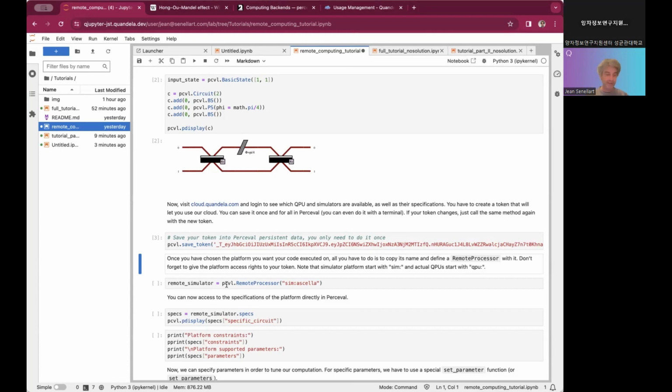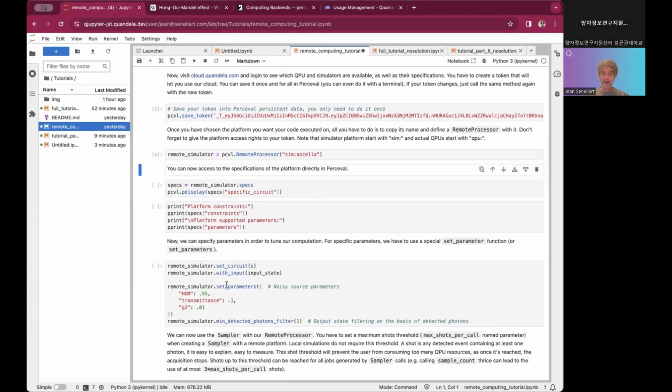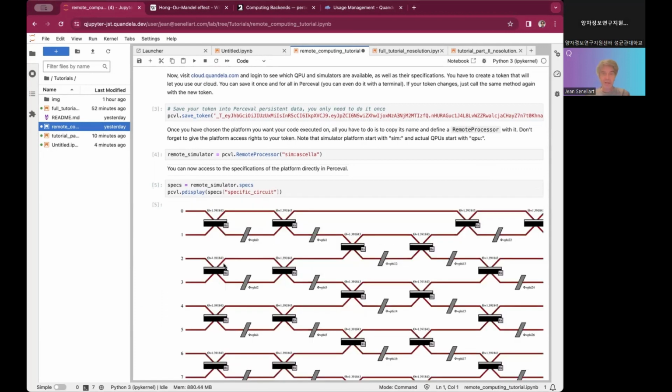So it's defined here. I will be running that on the simulator today. I can look at information of my processor. The thing that is a bit different from what we did before is that so far we were using a processor that was local. Remote processor means on the cloud.